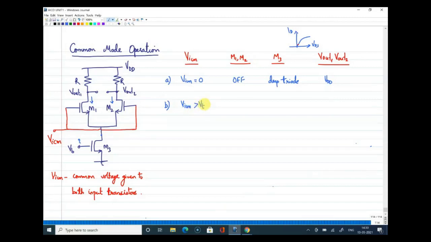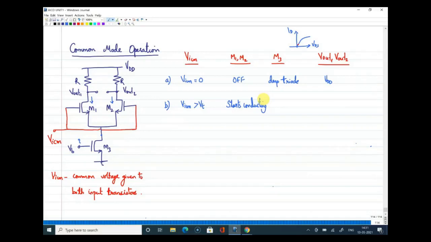If I provide a signal slightly more than threshold, both M1 and M2 will start conduction because the gate voltage is slightly more than threshold. Drain voltage is already at VDD. So these two will definitely start conducting, because the current will flow.